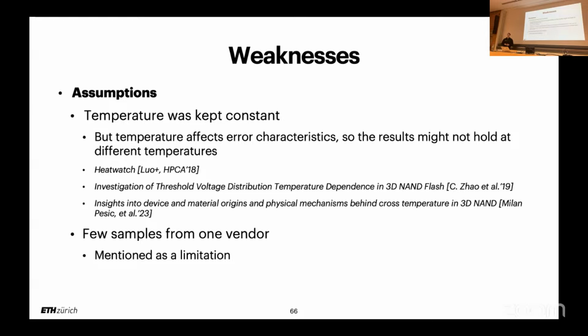When they talk about the methodology, they say that although these are technically limitations, since they look at fundamental architectural problems, they can generalize this. But I would say that we can't really know for certain unless we actually do this characterization on various other chips and vendors.